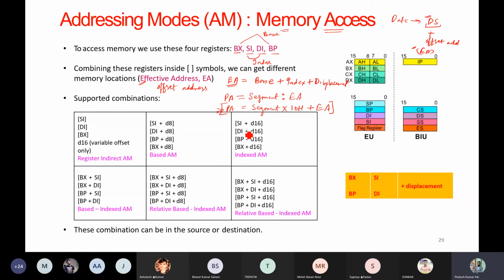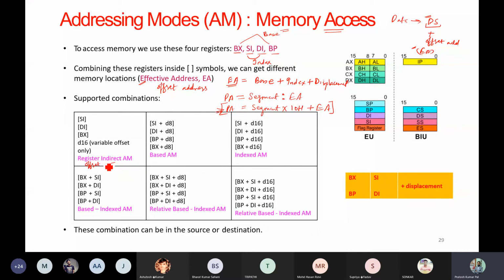Okay, so here the first one is register indirect addressing mode. In register indirect addressing mode, we will be providing the value of the memory location, that is the offset value. So this is basically going to give the offset register value, or we call it the effective address.